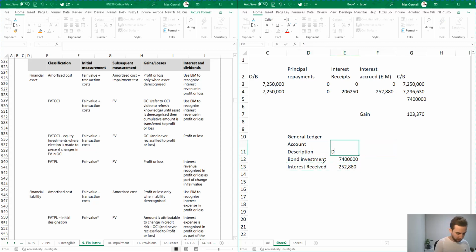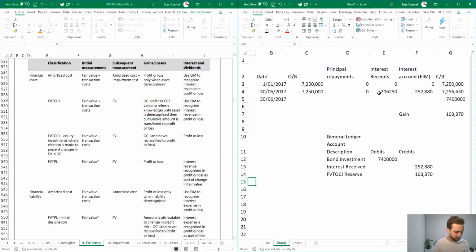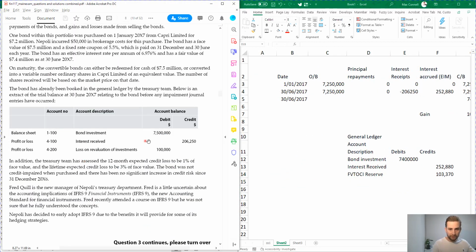And if we allocate these into debits and credits as well, the interest received is going to be over here. We also know that the fair value through other comprehensive income reserve for that revaluation of the 103,000 is going to be sitting there. So these are the key accounts that they've given us.